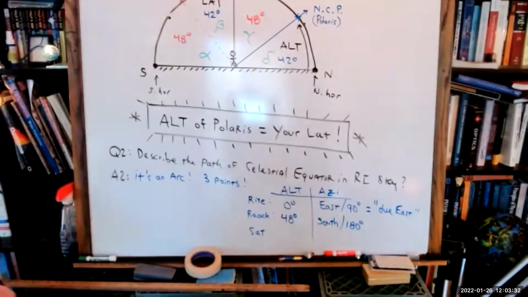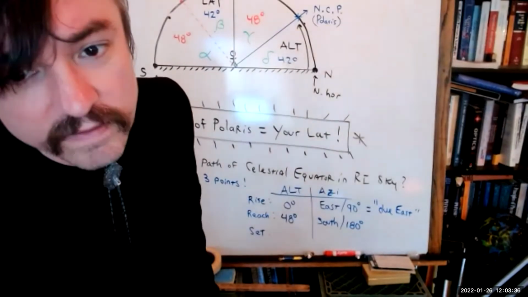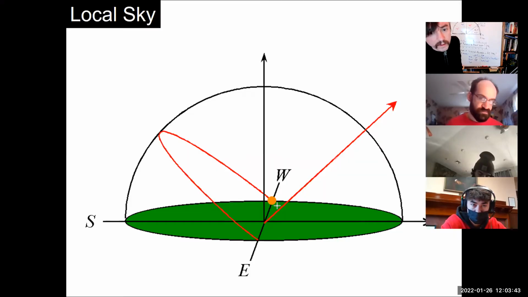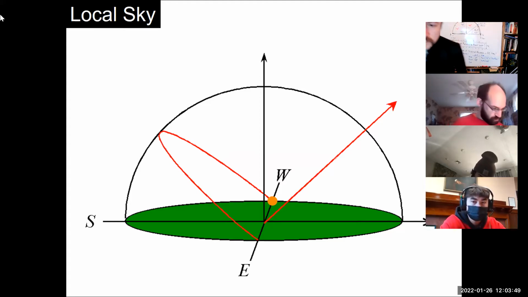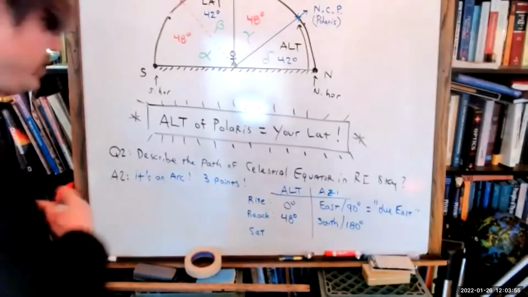And then now that you're starting to understand, what would be the setting point of the celestial equator? Here. 0 degrees altitude. Yep.